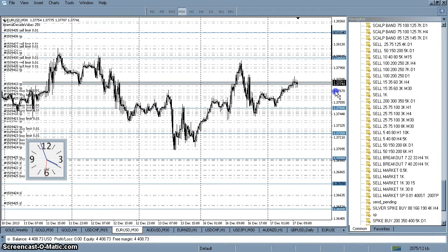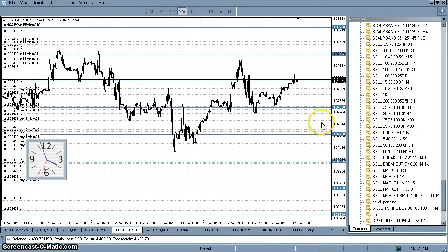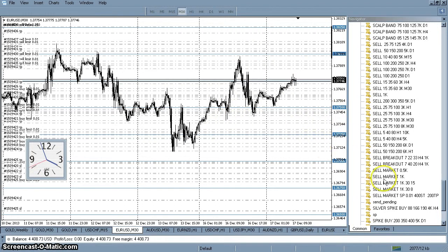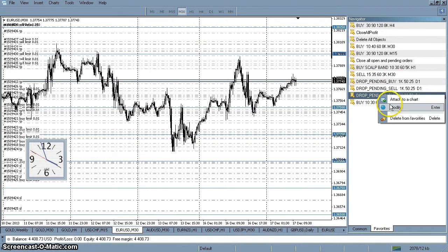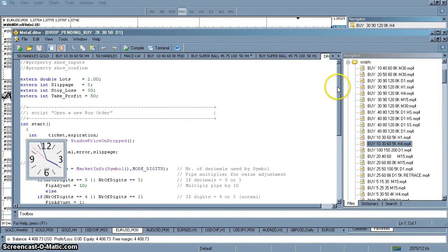Well, it's nearly 50. These are 25 pip handles, so that's nearly 50 pips if you could actually get on the wicks there. Now there's another order style I have here that's just a single ticket. If you can't handle the drama of dropping a multiple order bank, somebody wrote a script here.